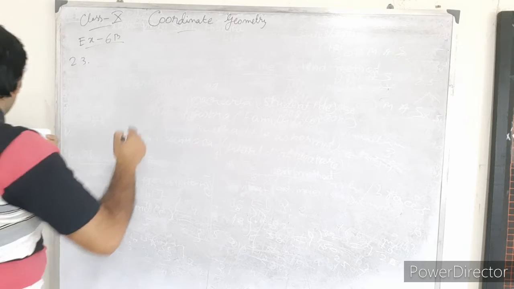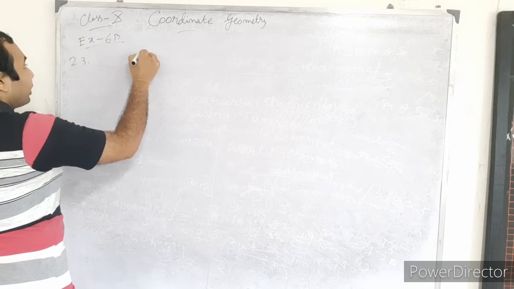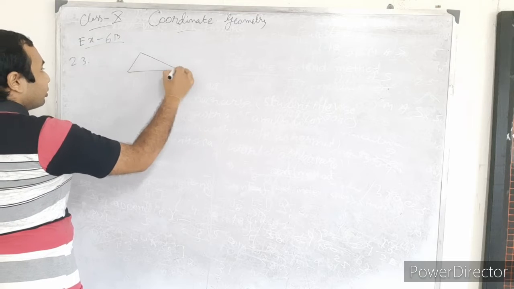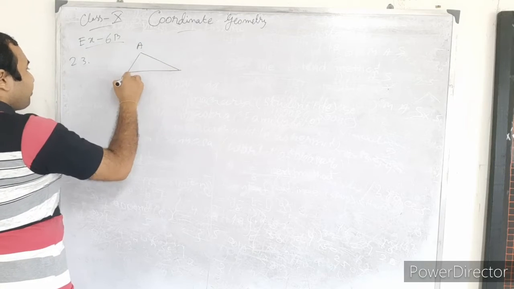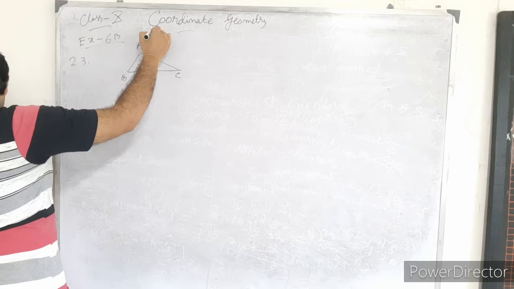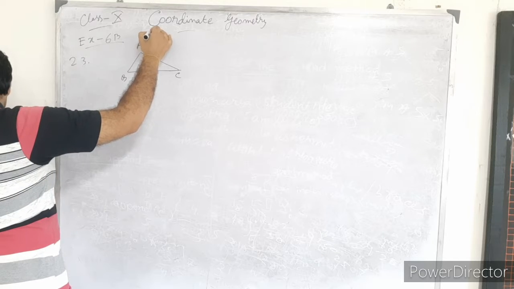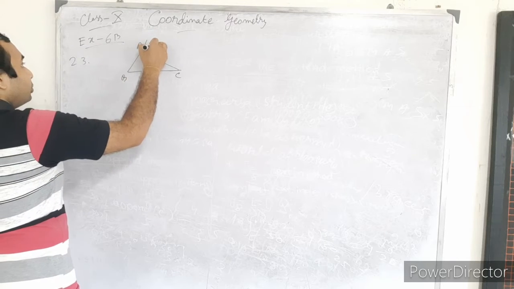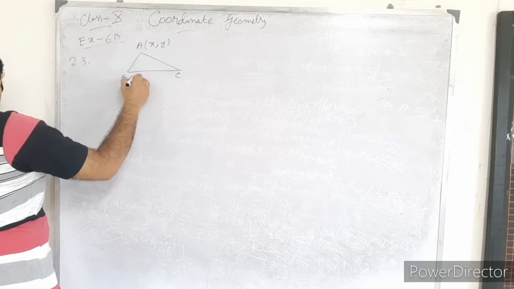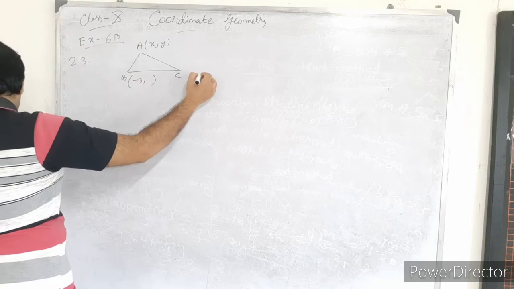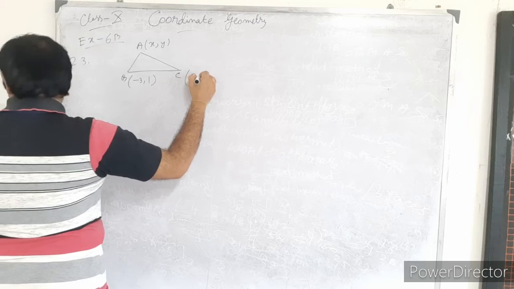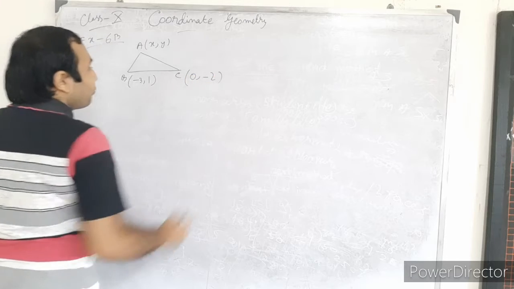So that means, suppose this is the triangle ABC, and here A is not given, so we are taking A as (x, y), B(-3, 1) and C(0, -2).